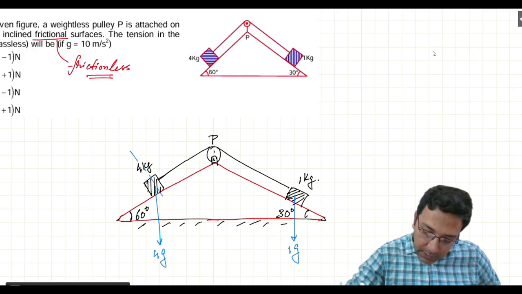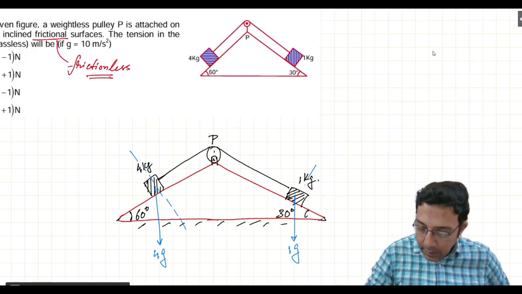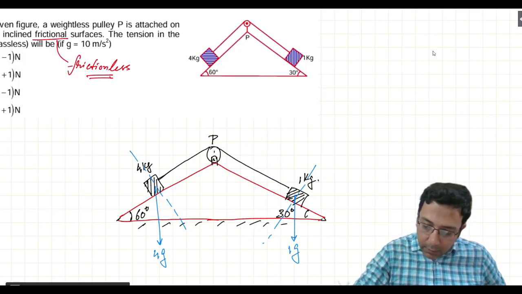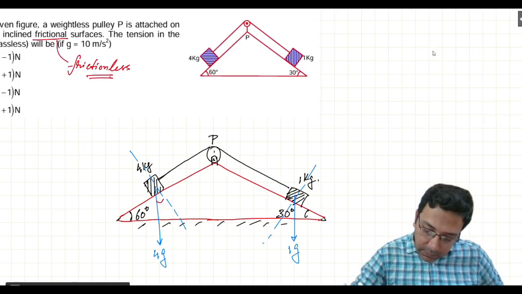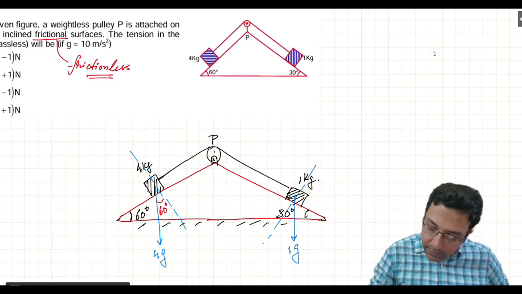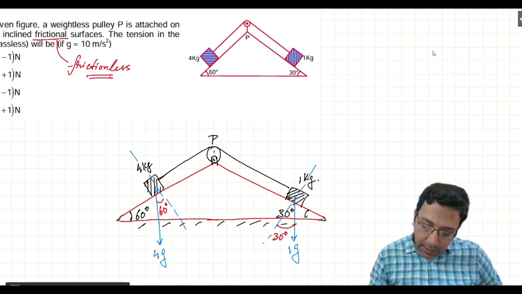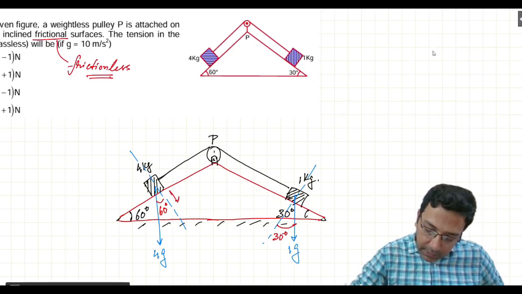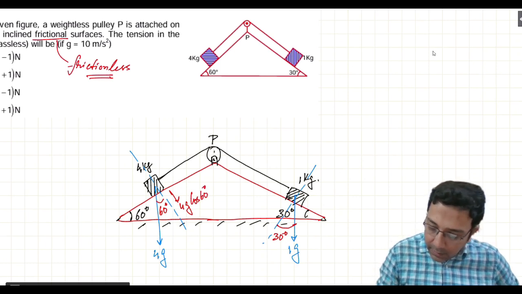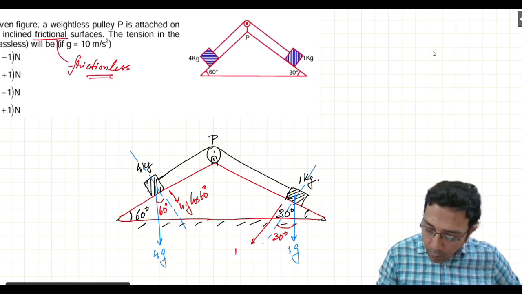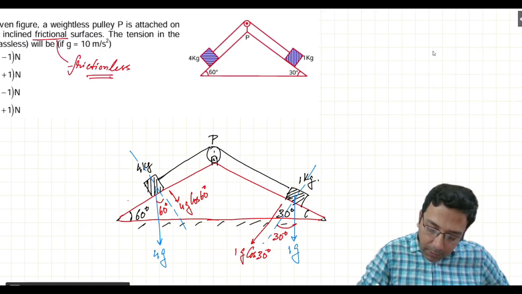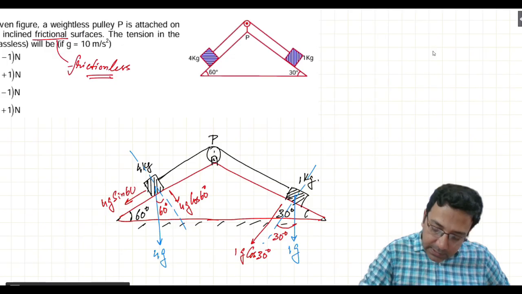If I draw the normal component here and the normal component here, we know that this is 60 degrees and this is 30 degrees. So we have a component here like 4g cos 60. Here we have a component 1g cos 30, and we have a component going down, that is 4g sin 60.